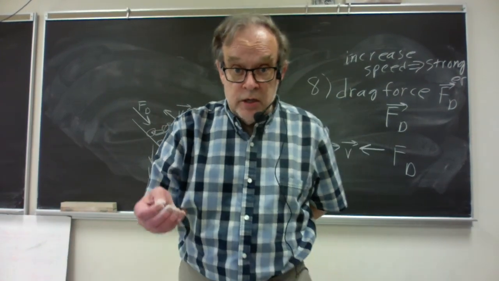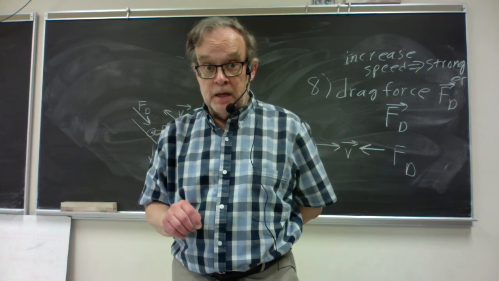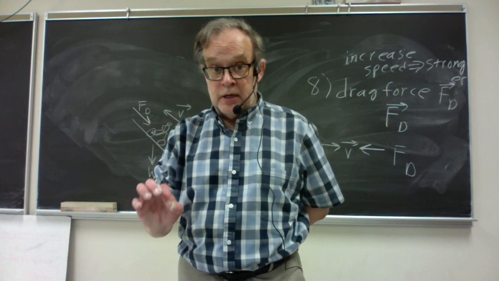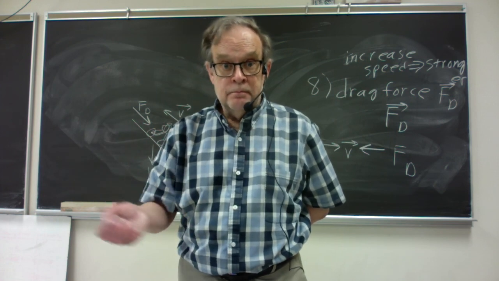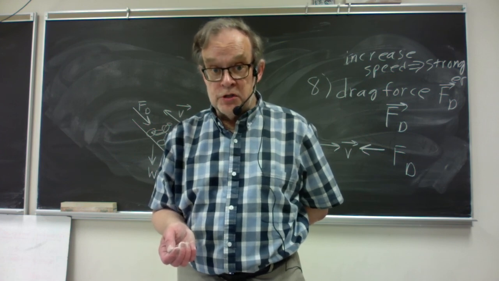That's a good way to make sure that you don't miss any of the forces that are present. Look at everything that's in contact with the object you're interested in. All those objects in contact are likely sources of forces on the object.